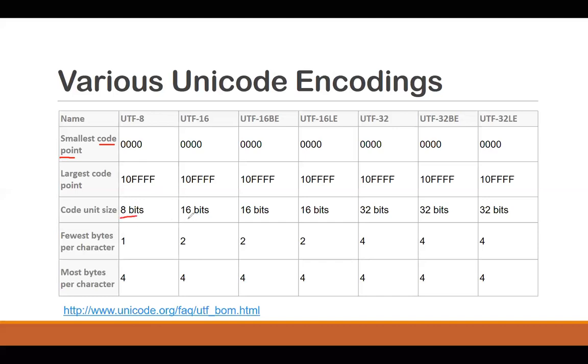The code unit size here is 16 bits. The rest is also there for you to explore and go through. The fewest bytes per character here is 1. The least number of bytes you can be using in UTF-16 is 2. The max you can use is 4.